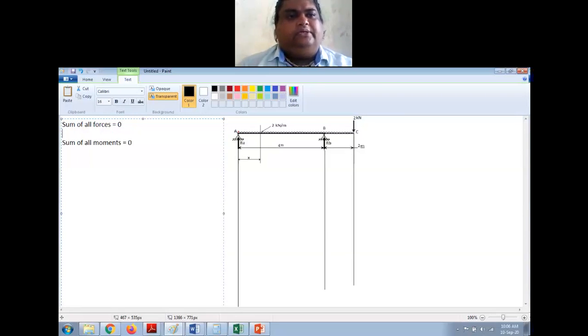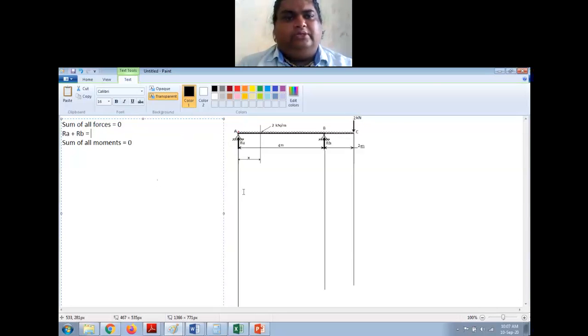Now taking the first condition, I'll put the upward force on one side because it is equal to 0. So I have RA plus RB, which are upward force. See, again, like yesterday, I said this is my assumption that they are upward. If you get the value negative, then you have to change the direction. Okay, and that is equal to downward force.